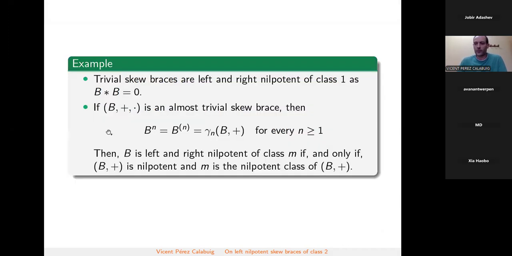If we continue with our previous examples, we have that trivial skew braces are left and right nilpotent of class 1 because B ⋆ B is equal to 0.